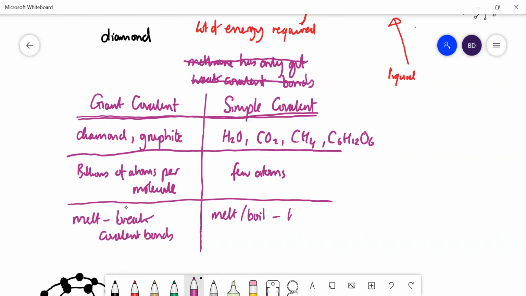You're only breaking weak intermolecular forces. And that doesn't require much energy at all. So they have low boiling points and low melting points.